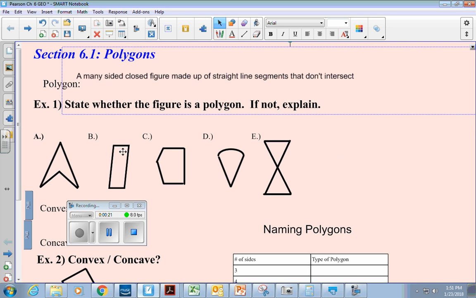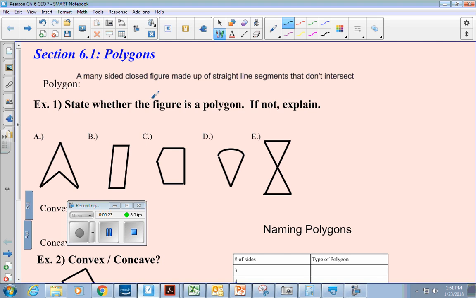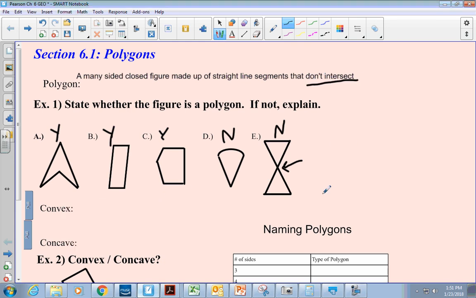So when we're looking at our A, B, C, D, and E, A is a yes, B is a yes, C was a yes, D was a no, because we've got this nice little ice cream cone thing going on. And E is a maybe. No, because it has an intersection point right here, and it says don't intersect right in the definition.